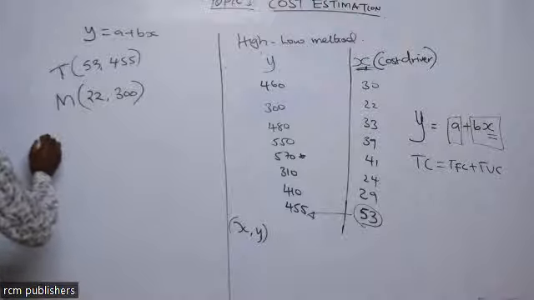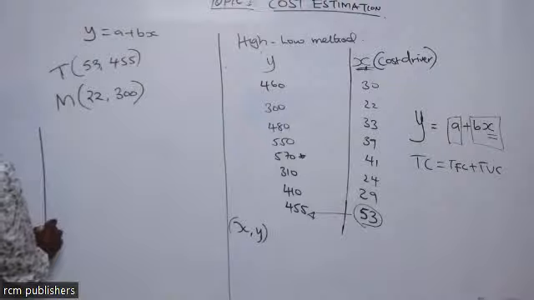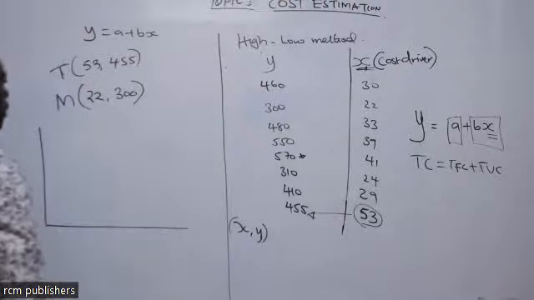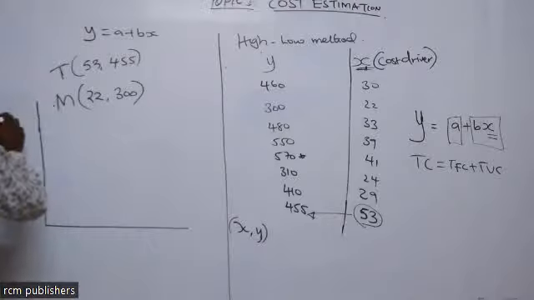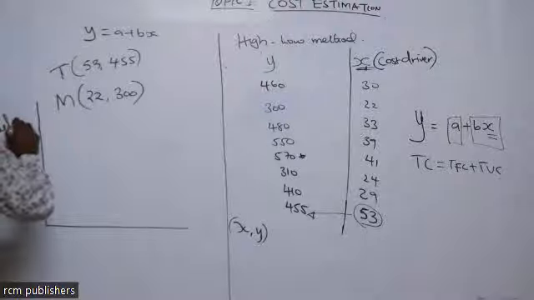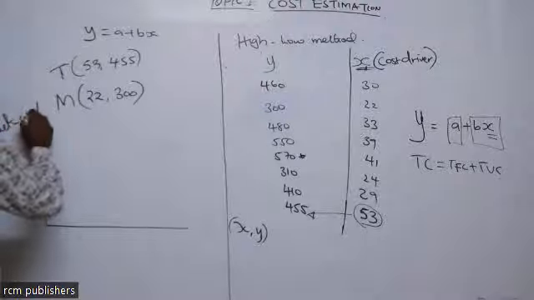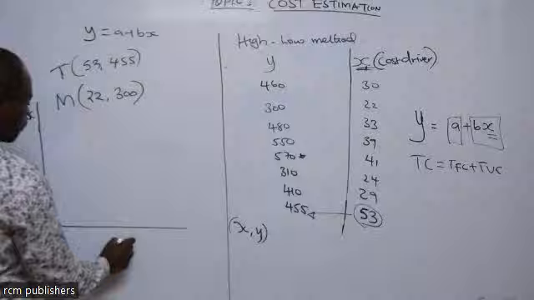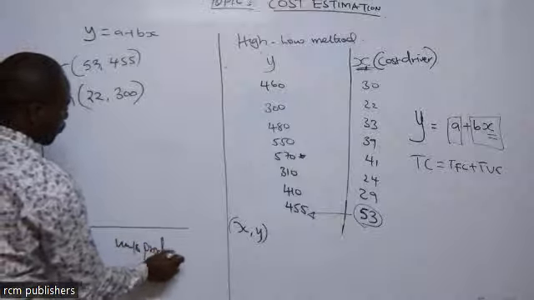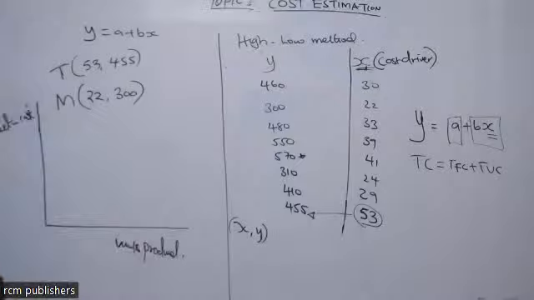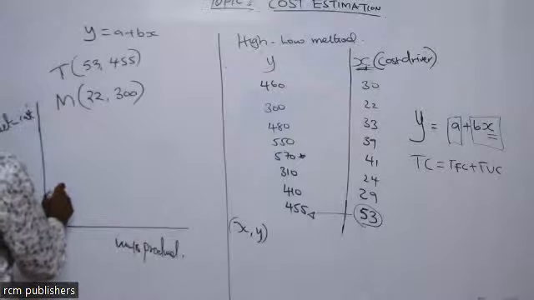You can be having a graph or a chart here. Here we have the production cost, and here we have units produced. Then you do your plotting.